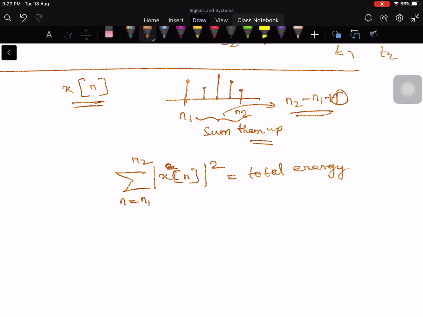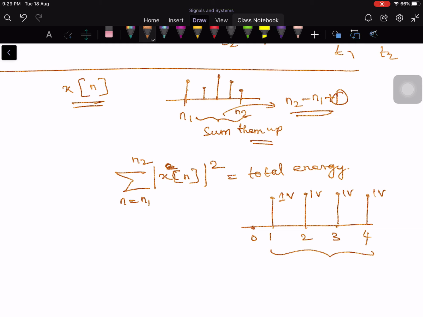Okay, for example, you take the signal like this, maybe this is 1 volt and this also 1 volt and this also 1 volt and this also 1 volt for simplicity. Let me take 0, 1, 2, 3 and 4. So how many points are there? There are 4 points.